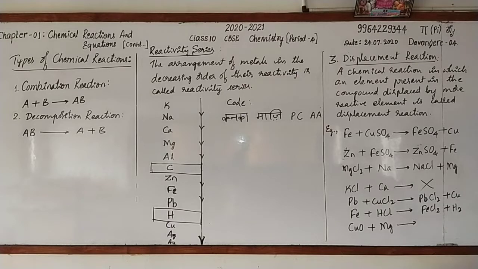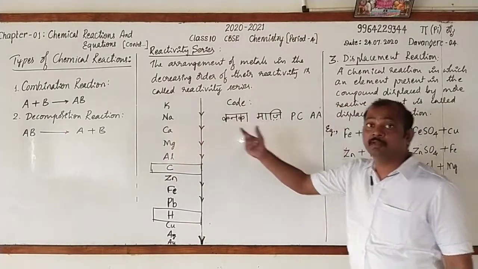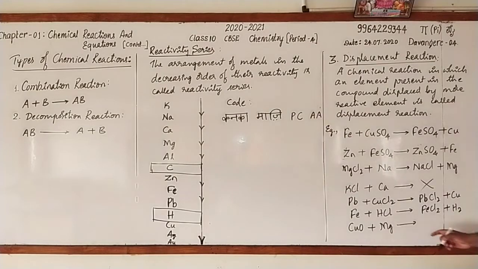Next, copper oxide plus magnesium. Observe copper and magnesium. Magnesium is more reactive than copper, therefore it can displace copper from copper oxide. It is MgO plus Cu.